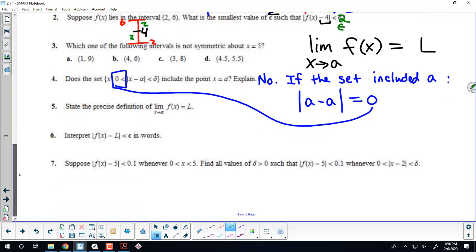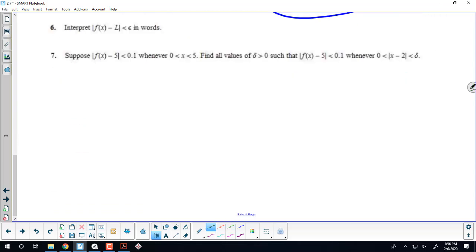So then what about if we had a situation like this where we have, we'll just write it out, absolute value of x minus 2 is less than delta, and x is in the interval -2 to 6.